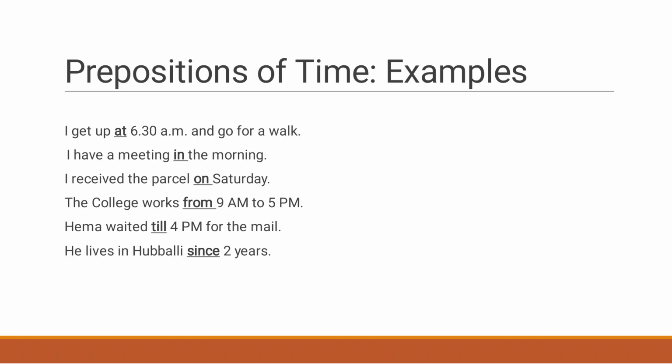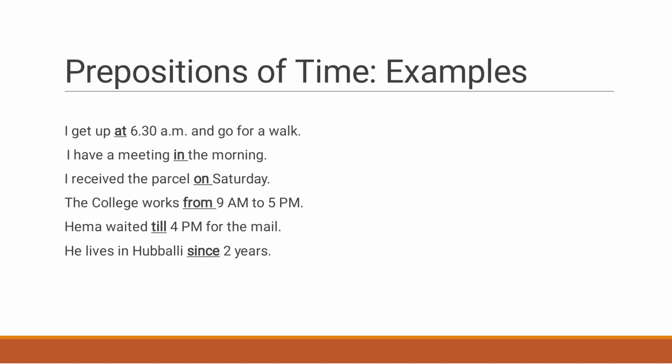Hema waited till 4 p.m. for the mail. Till is used to suggest the time until Hema waited for that action to be completed. He lives in Hubballi since 2 years.